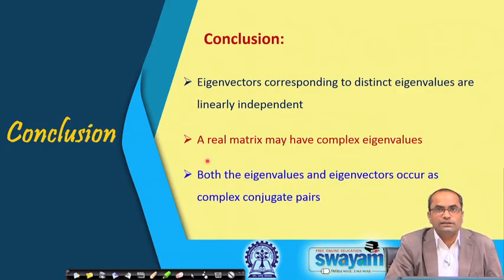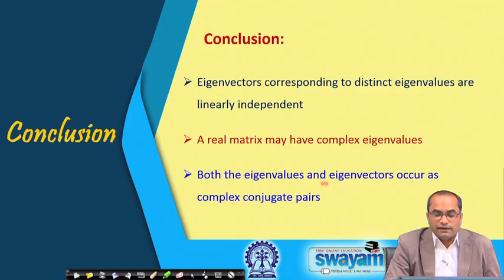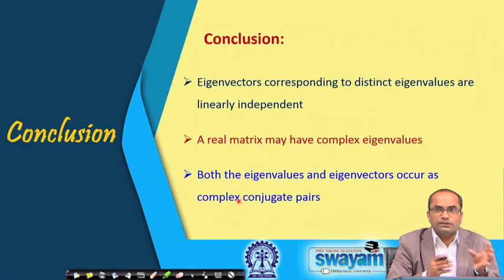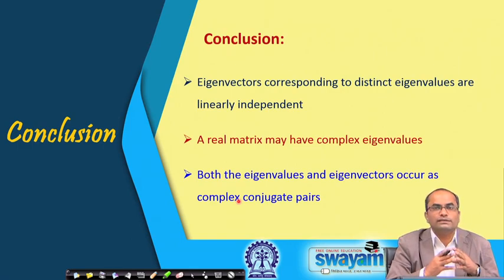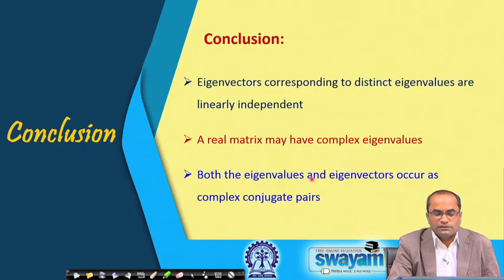So, that is interesting here, and both the eigenvalues and eigenvectors occur as complex conjugate pairs. So, once we have the complex value as the eigenvalue, its conjugate will be there, and not only that, the eigenvectors will also be conjugate pairs. That is an interesting result we have seen, and that is true in general, not only for the example we have just shown.